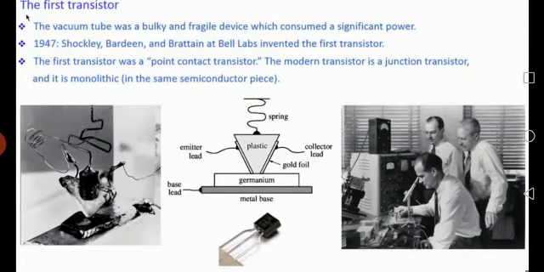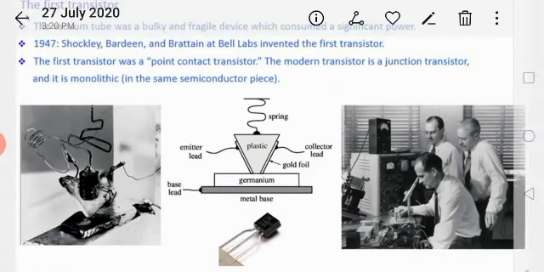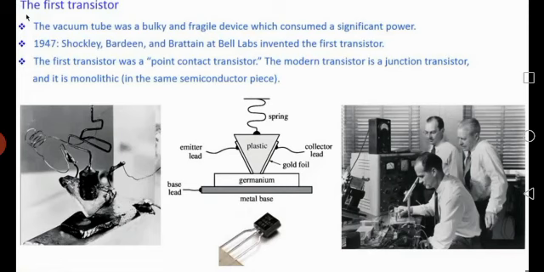So in order to solve those problems, the transistor was invented. Actually this was the motivation behind the invention of the transistor, because the vacuum tubes, the diode valve, triode valve, tetrode valve, etc. were not efficient, and most of the time the computer was shut down because of burning of tubes.